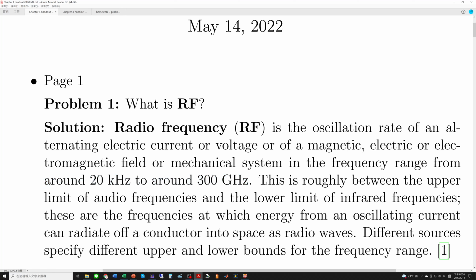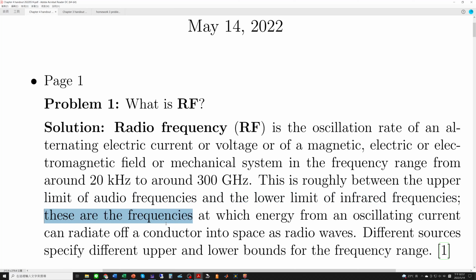I think you already know what a kilohertz is. 1 kilohertz is equal to 1000 hertz, and 1 gigahertz is equal to 10^9 hertz. This is roughly between the upper limit of audio frequencies and the lower limit of infrared frequencies.